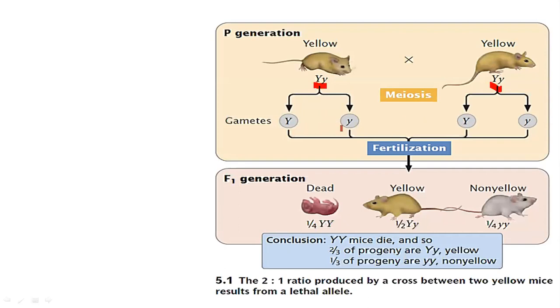Capital Y and small y gametes after meiosis from each. By chance, the gametes can meet any of the others and fertilization will occur. The capital Y capital Y, which was yellow, died in the embryonic stage. Among the heterozygous conditions, two of these four were yellow colored, and one of them is the non-yellow mouse.